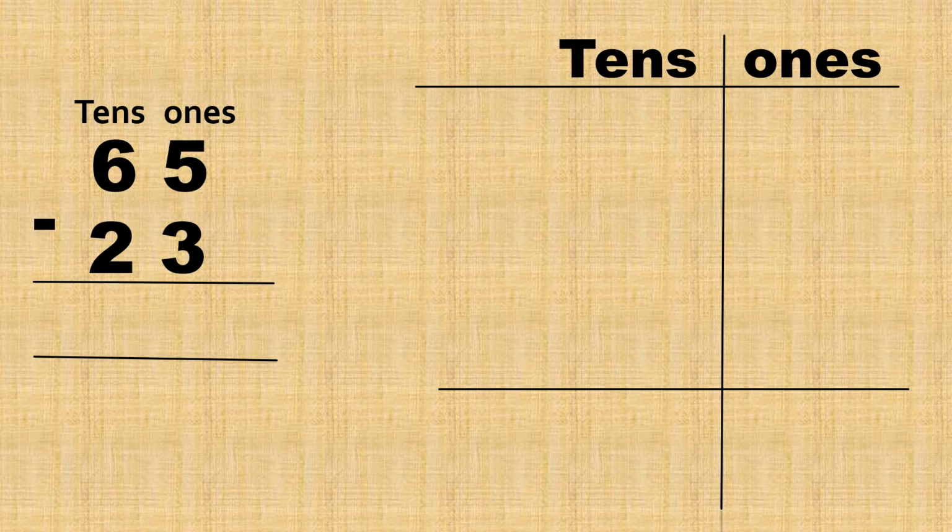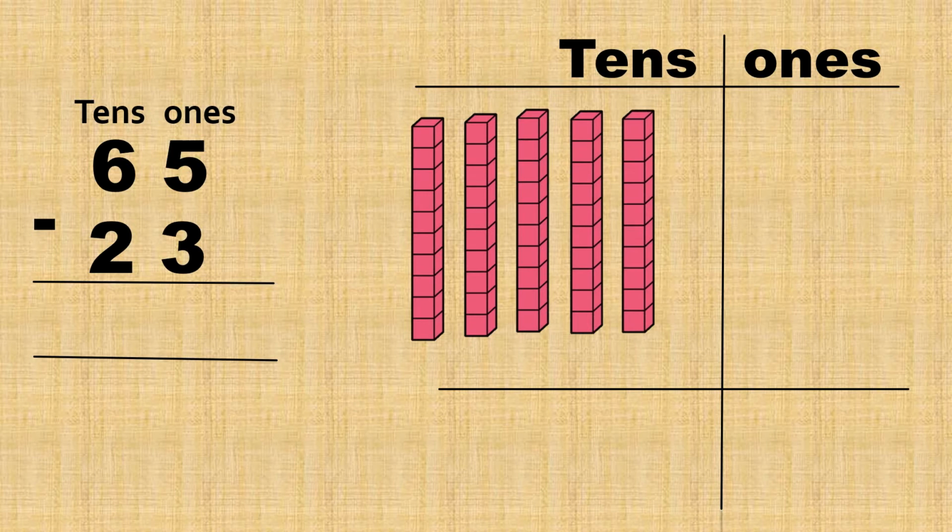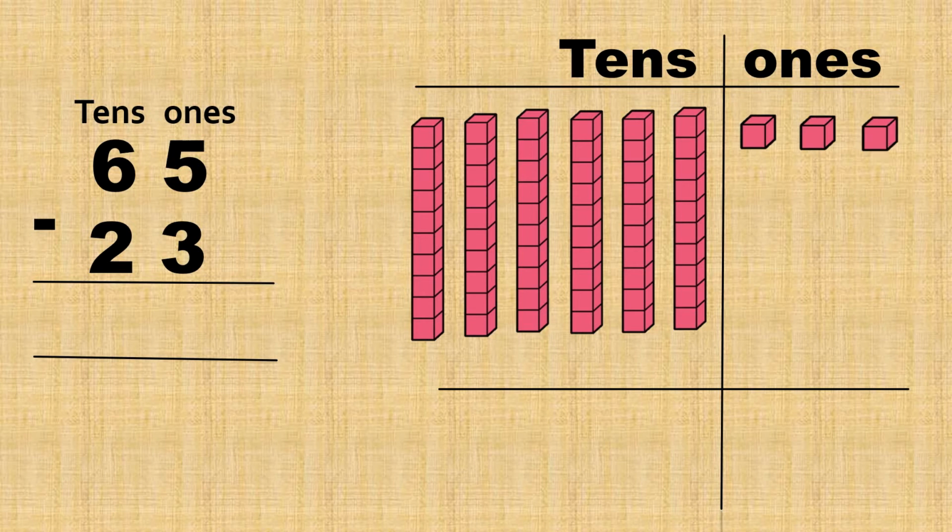We can show 6 tens block. 1, 2, 3, 4, 5, 6. Similarly, the number 5 is in ones place. Can be shown by using 5 ones block. 1, 2, 3, 4, 5.